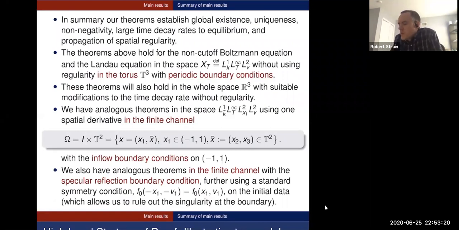That's not a difficult generalization given the state of the field. And so we have analogous theorems for some boundary conditions.